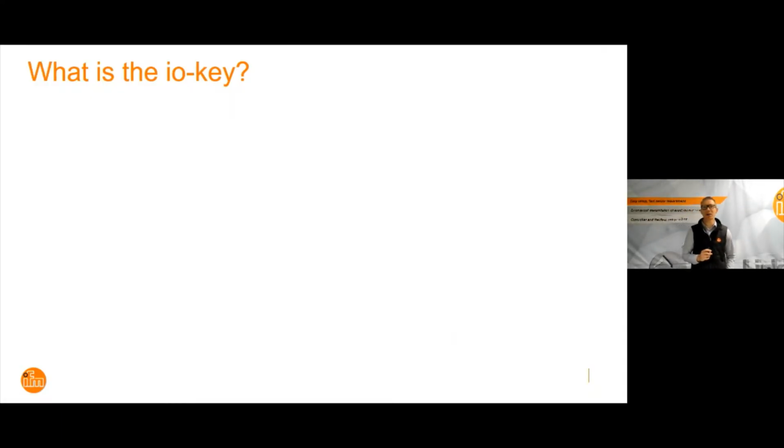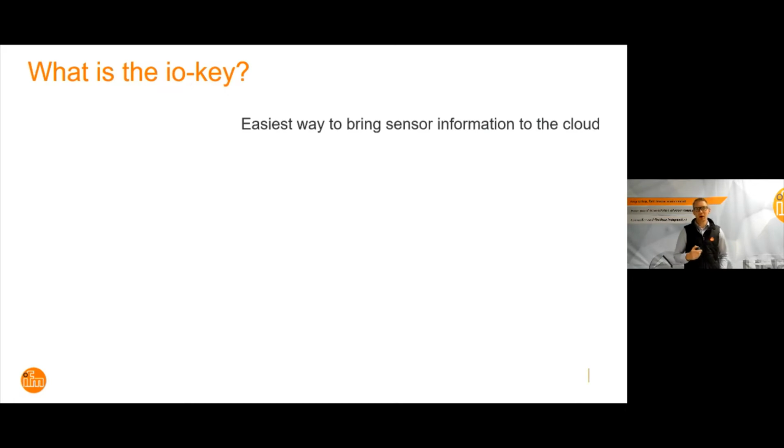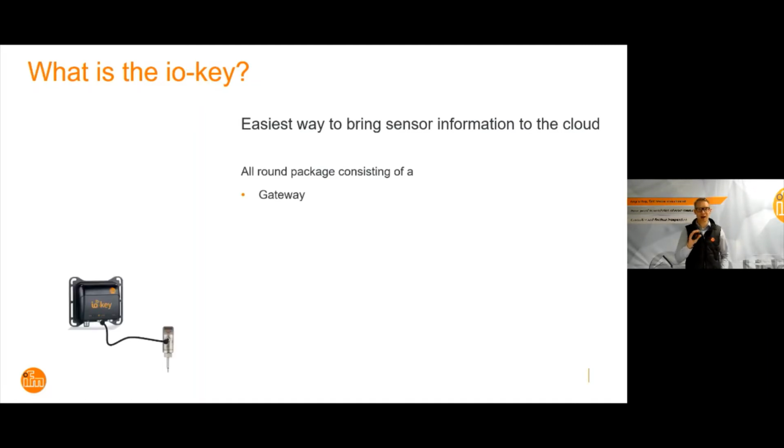What is the Ioke? Really for us, it's one of the easiest ways to bring sensor information down from sensor level up into a cloud-based system. So it is an all-round package that consists of 3 very important things. The first thing is our gateway, which is connected to a sensor. We have a cloud-based platform where we do dashboarding and trending of this information from the sensor.